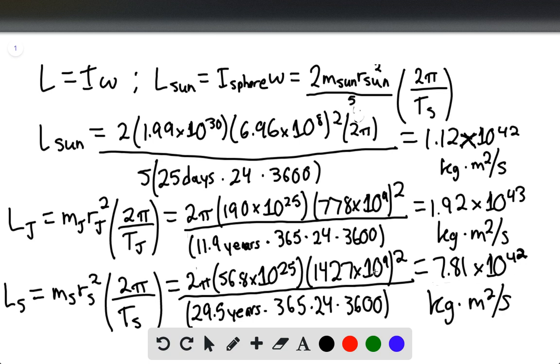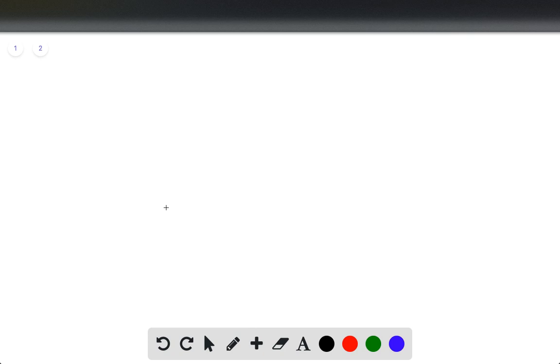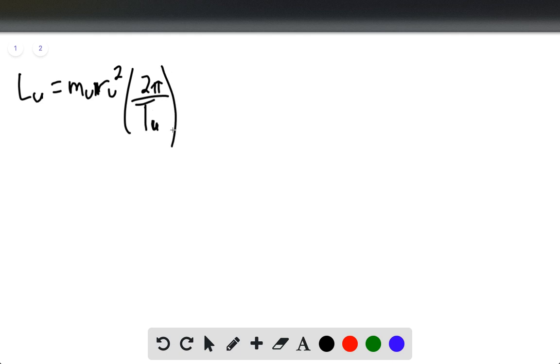So at this point, we are going to do the same exact thing for Uranus and Neptune. So this will be the mass of Uranus times the radius of Uranus squared times 2 pi divided by the period of Uranus. This is, again, the angular velocity of Uranus.